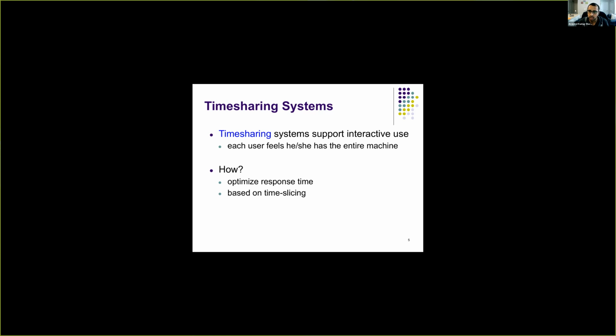So the response time of each process is minimized, is so low that we get a feeling that all the processes are running at the same time. Okay? And time sharing systems work based on time slicing. Okay, so each process will be given a small time slice, and when the time expires, the processes will be swapped out and swapped in.